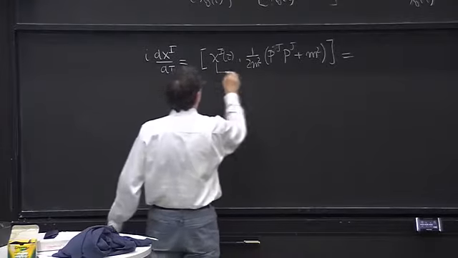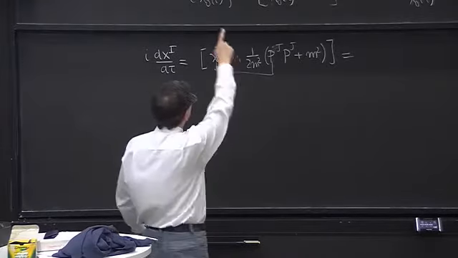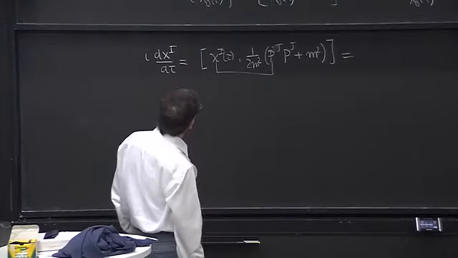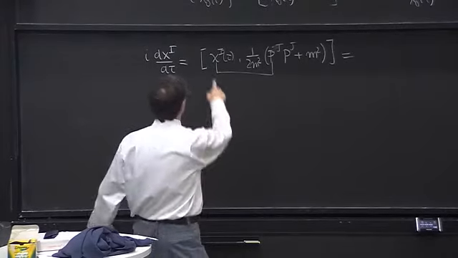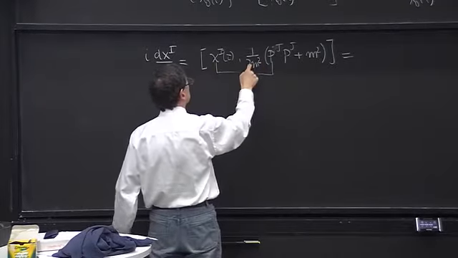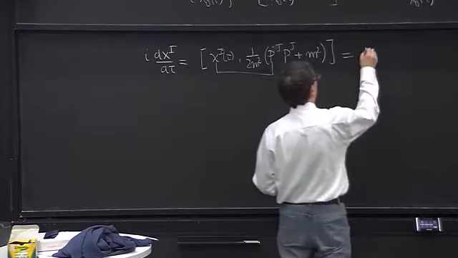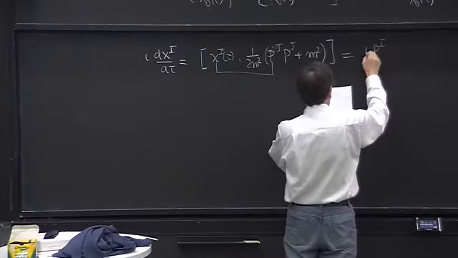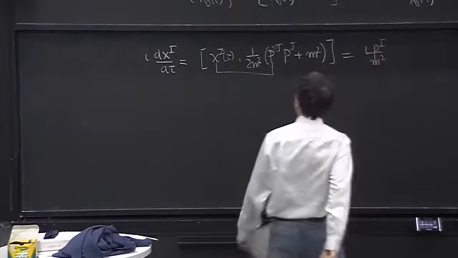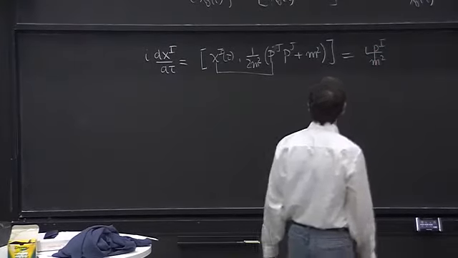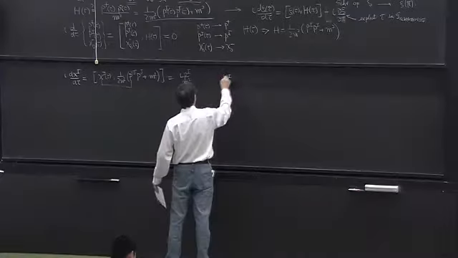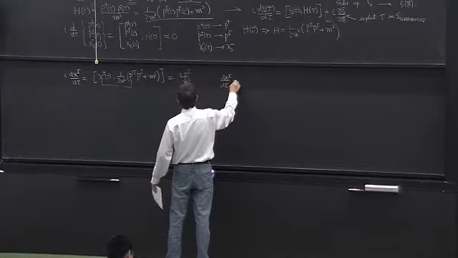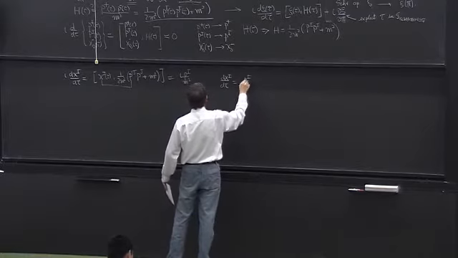Now, xi with pj is a non-trivial commutator, and that gives you an i. So there are 2 of those, and there's a 2 here. So you get i pi over m squared. And you should say, oh, that's exactly right, because that gives you dxi d tau equal to pi over m squared.